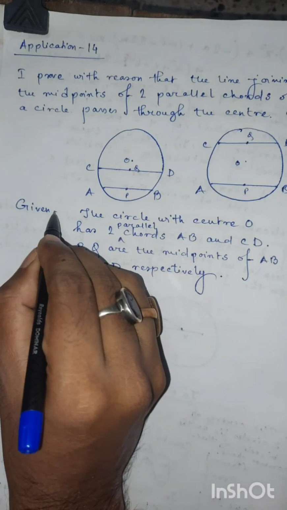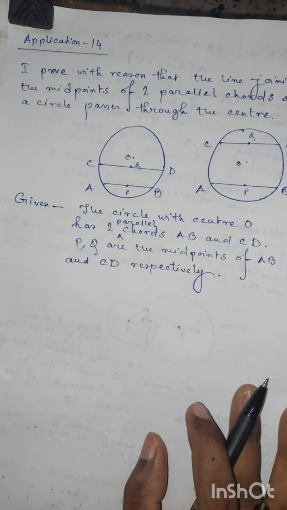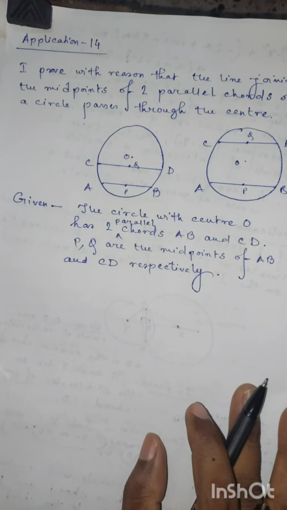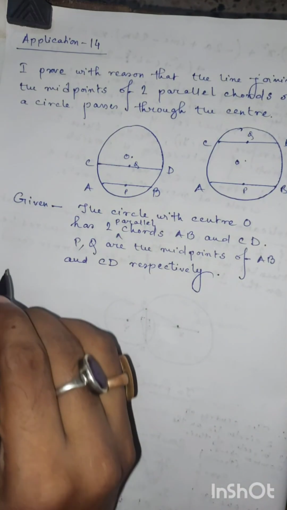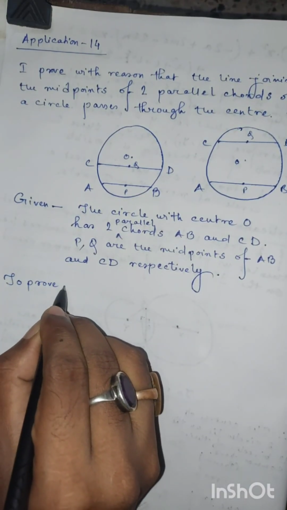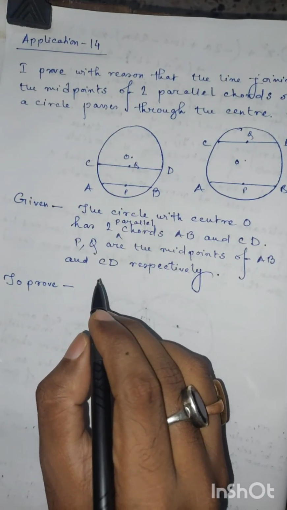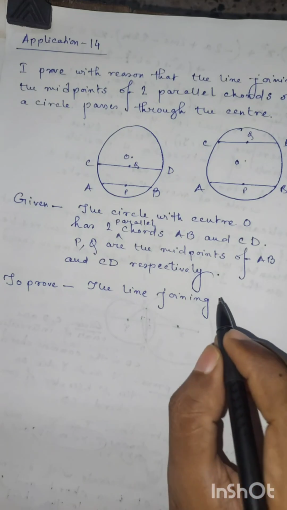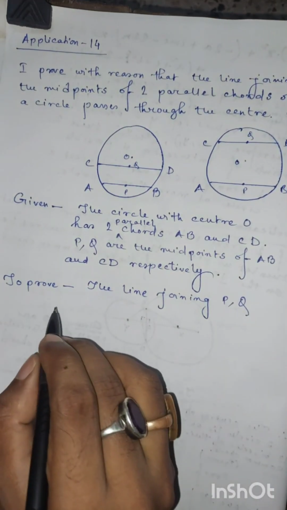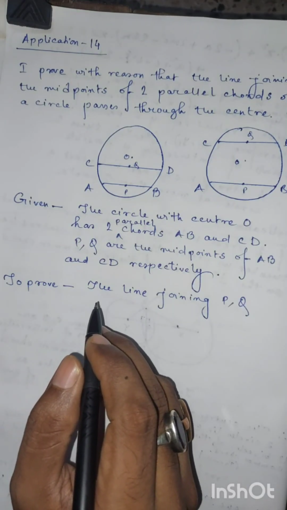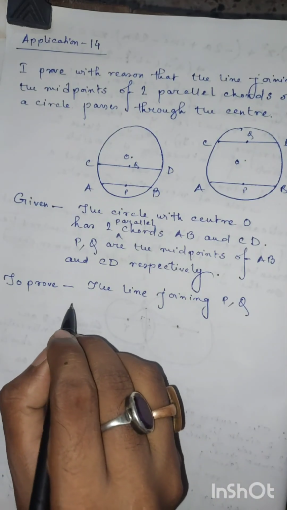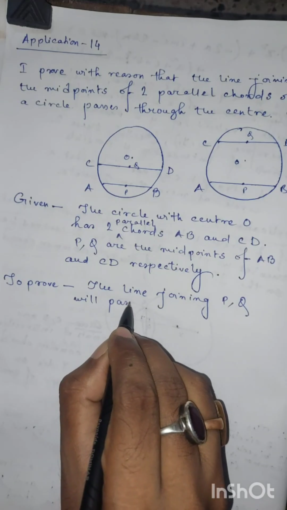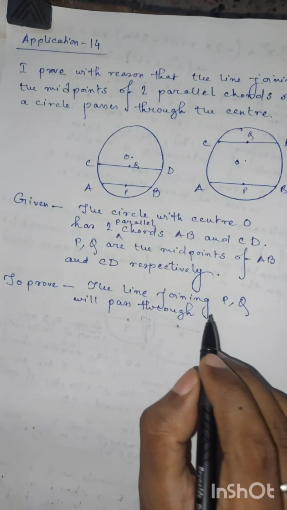Okay, so this is what we have. It is given. To prove: the line joining P, Q will pass through O.